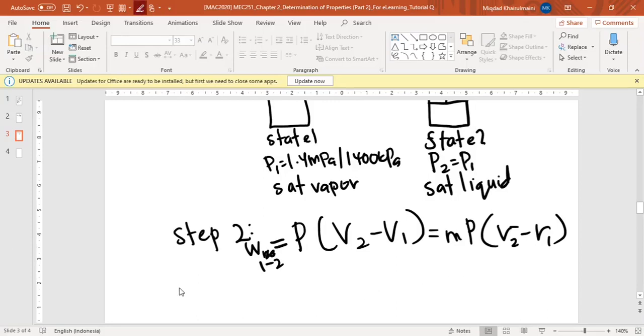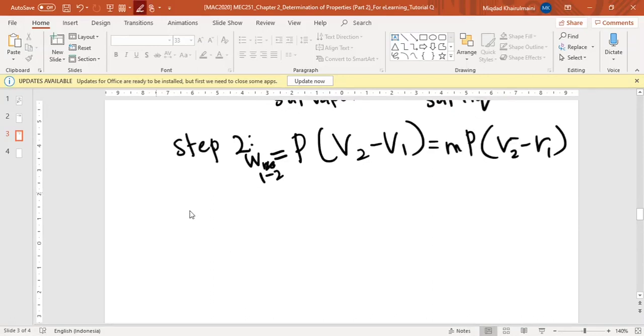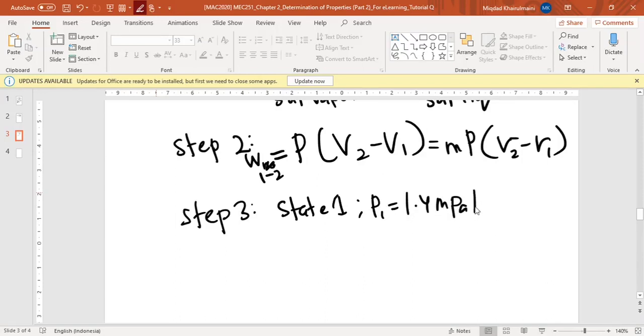For step 3, now we try to find the properties. For state 1, what is known is the pressure, 1.4 megapascal or 1400 kilopascal, and the phase, saturated vapor.